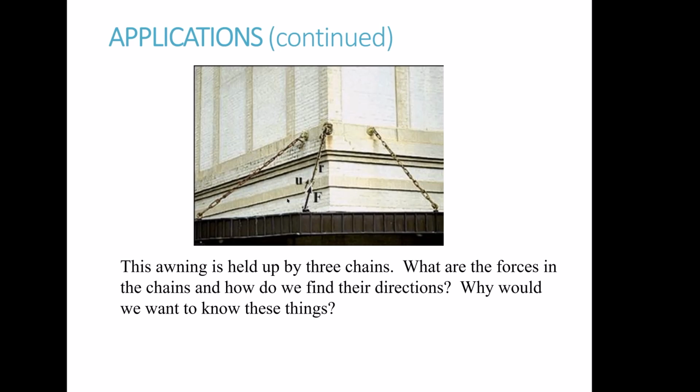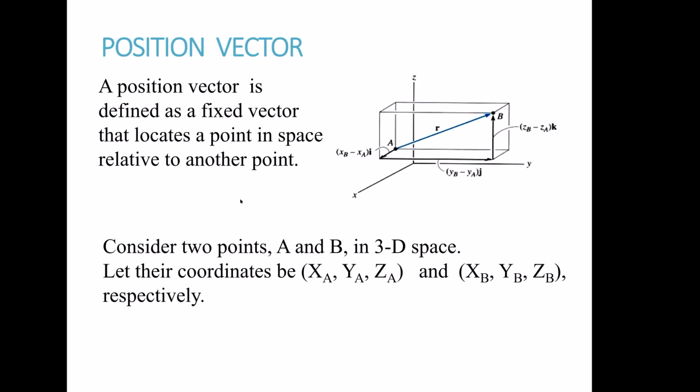You could find out how much force is in each of these cables and their directions too, okay? Why do we want to know these things? Well, we want to make sure that this can hold the weight, with snow and anything else potentially on this, or the wind or some other forces, to make sure this doesn't collapse, right? Okay, so here's our position vector.